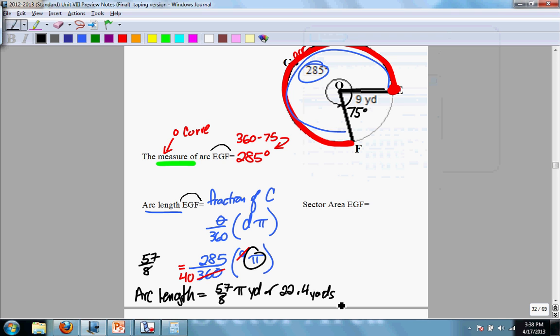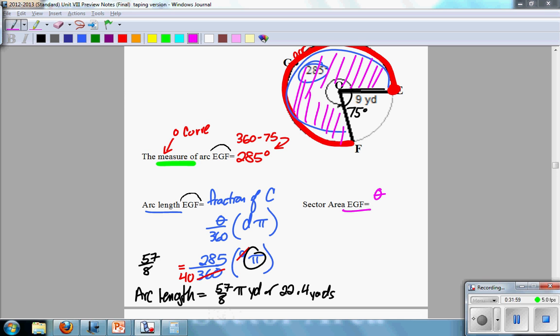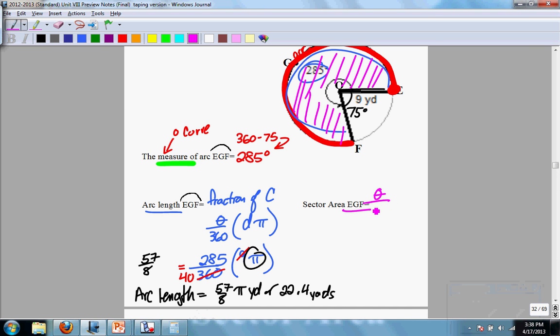Okay, that is arc length, a fraction of the circumference. Now, sector area. Sector area EGF, that's all of this striped area. Sector area is theta over 360 times pi r squared, because it's a fraction of the area now.